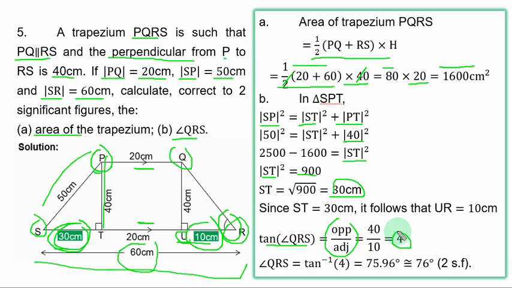To get angle QRS, you take the inverse of tangent, or arctan of 4, and that arctan of 4 is 75.96 degrees. To 2 significant figures, we have 7 and 5. The next number is 5 or above, that is 9. Round it up, and if you add 1 to 75, it becomes 76 degrees.